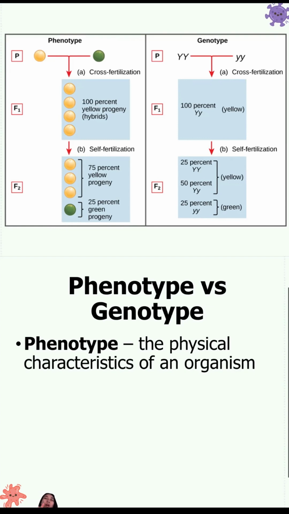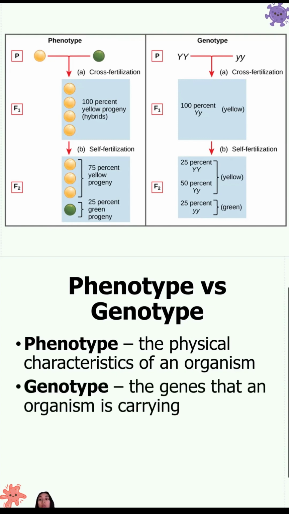He was looking at purple flowers versus white flowers, mixing them together and seeing that all the babies were also going to be purple. All he was looking at were the phenotypes, whereas the genotypes are the actual genes. Mendel was not able to look at the genotype because, at the time, a while ago, he was not able to do any DNA sequencing. There was none of that technology. So he was strictly looking at the phenotype.